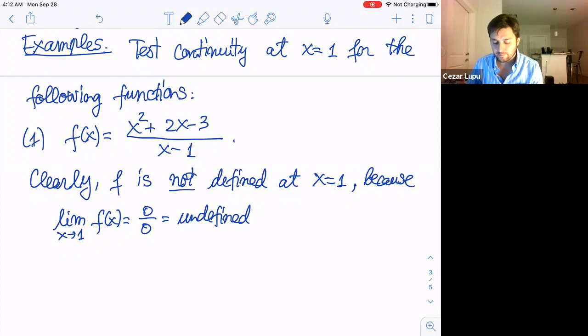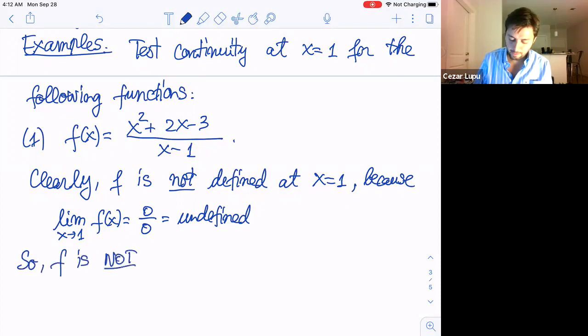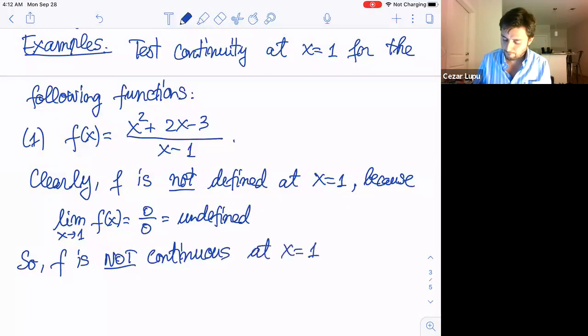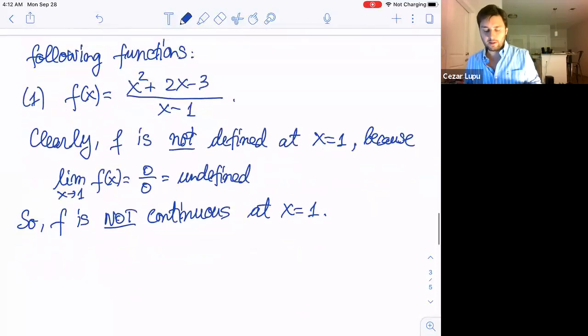So this function is not continuous at x equals 1.